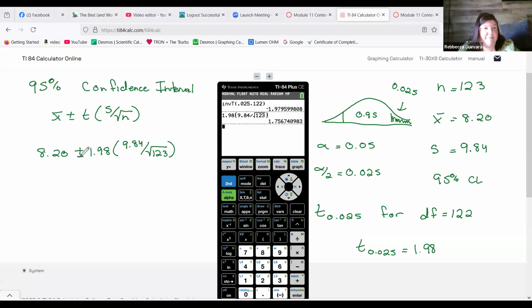So we are getting 8.2 plus or minus, and we'll just round it to 1.757.